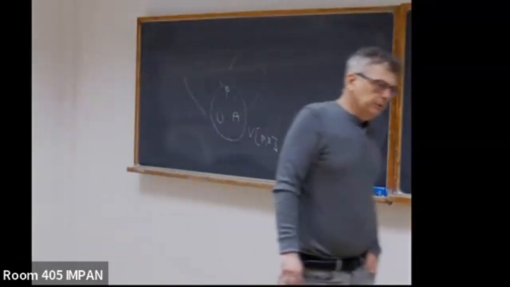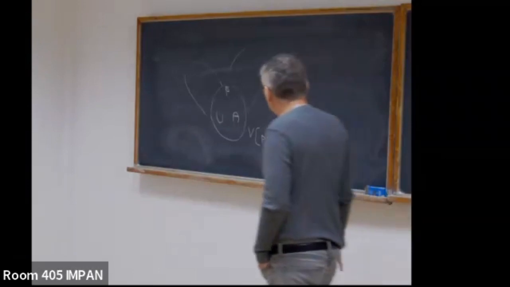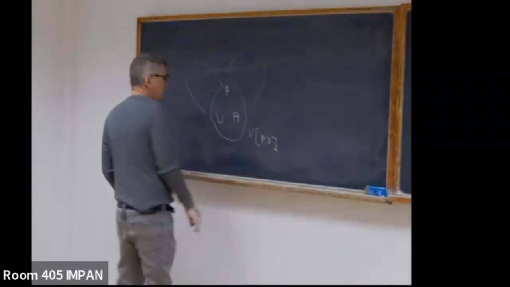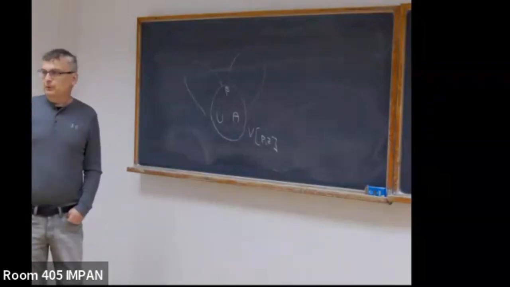Now, if you want to eliminate the inaccessible cardinal somehow from this argument, then you have to be very specific.